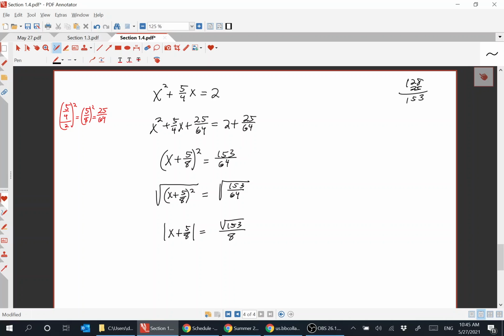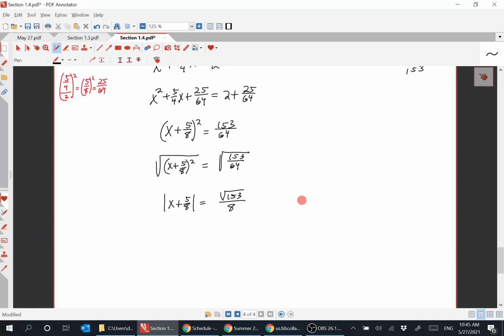153 is 51 times 3. 51 is not a prime number either. No good. I can't do anything with square root 153. Again, we don't want to stick with the absolute value notation, so we write it like that.